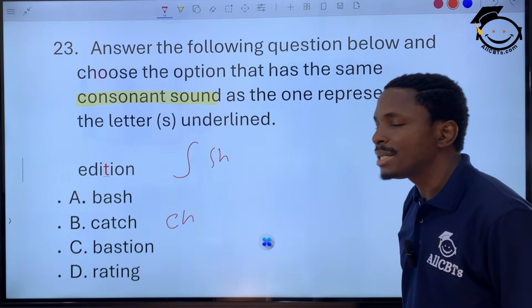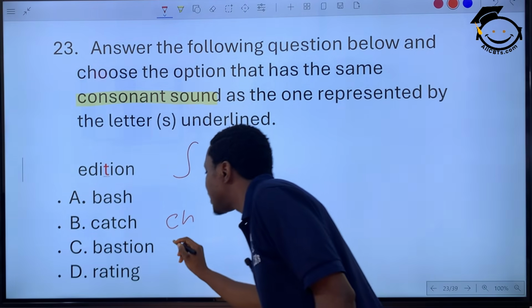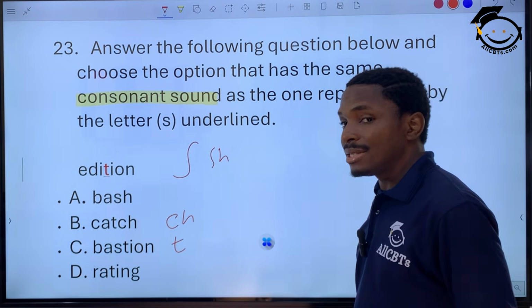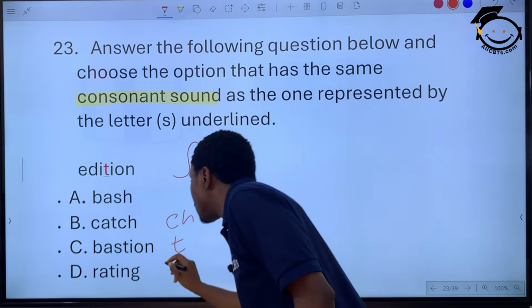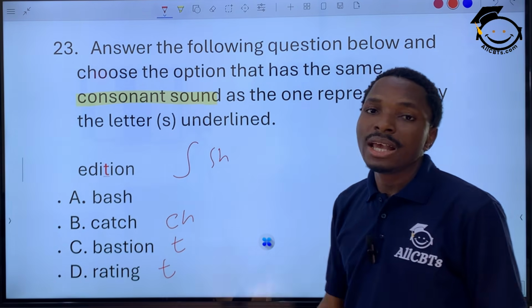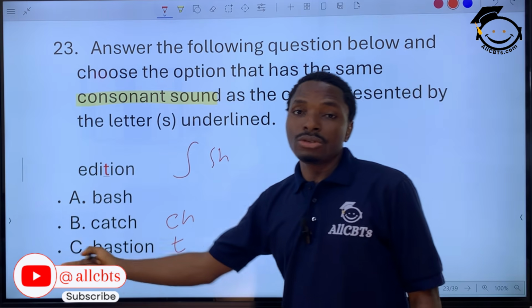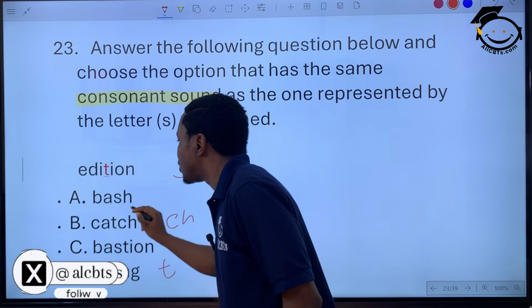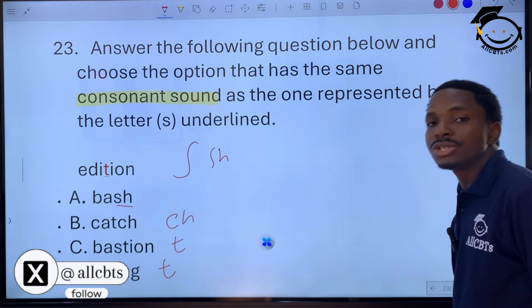What you're hearing is the T sound. Then rating, it's also the T sound. So it's only in bash that you find this. Addition. So in bash you still find that sh sound.